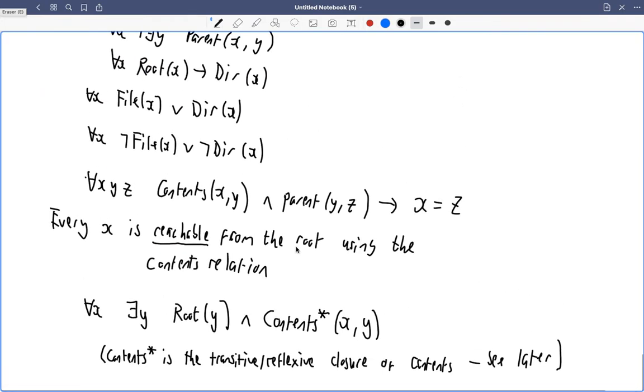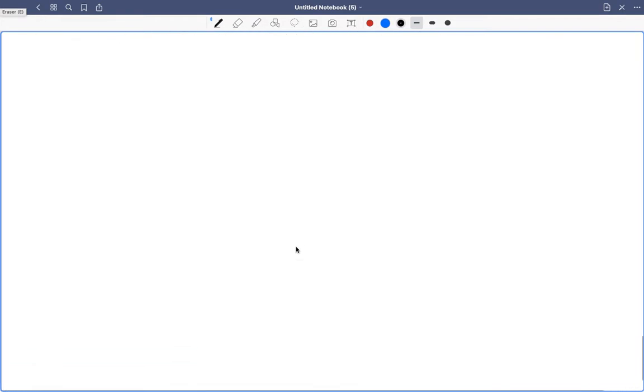So let's have a new page here. The Alloy example uses the transitive reflexive closure.